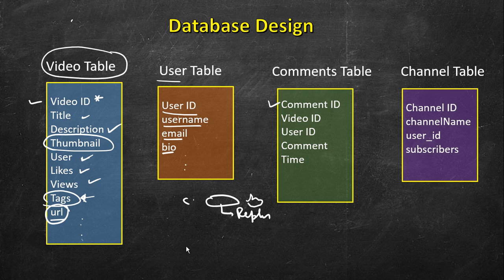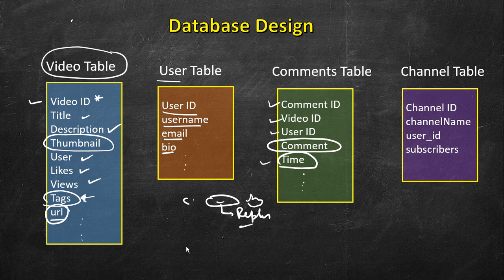So comment ID, and a comment belongs to a certain video. So we also need to store the video ID in which the comment was made, the user who made the comment, and the comment text itself, the time the comment was posted, and other information like likes and more replies to it, and a few more things you can store.